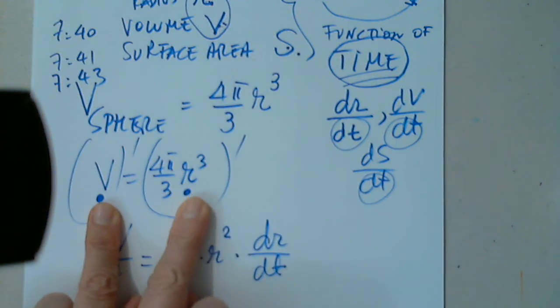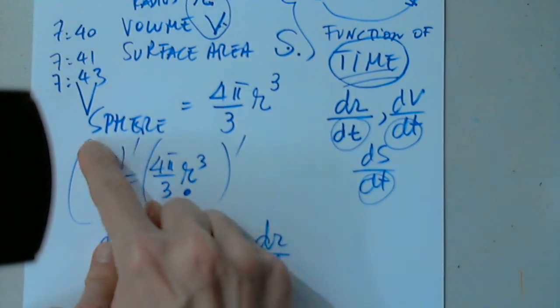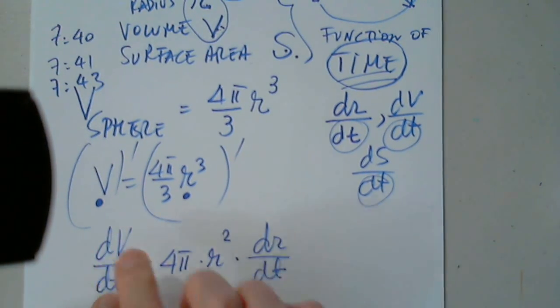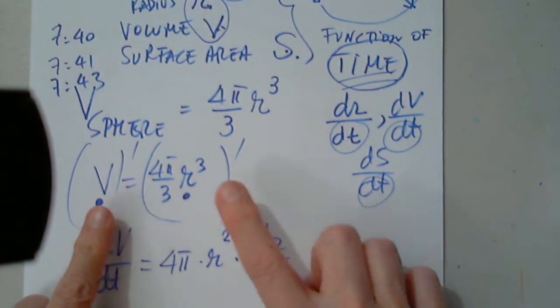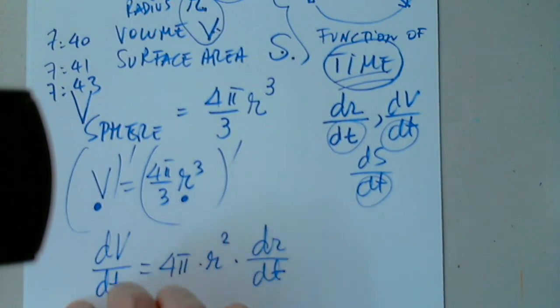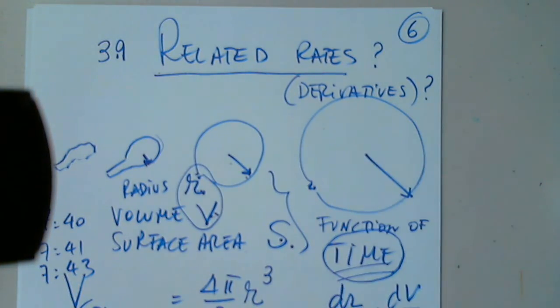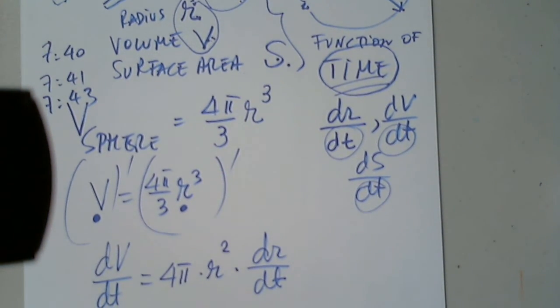These two functions of time are related through this equation, and their rates of change are related through this equation. So they are related rates, or related derivatives. That's how we deal with related rates. You can say, I'm sure it's more complicated than you are making it. Yep, it is.